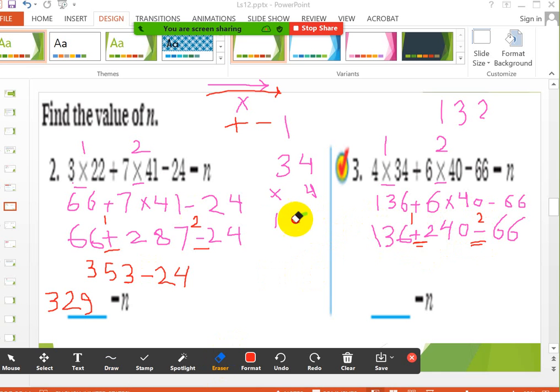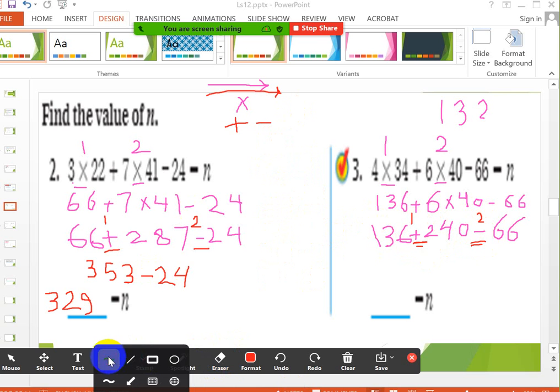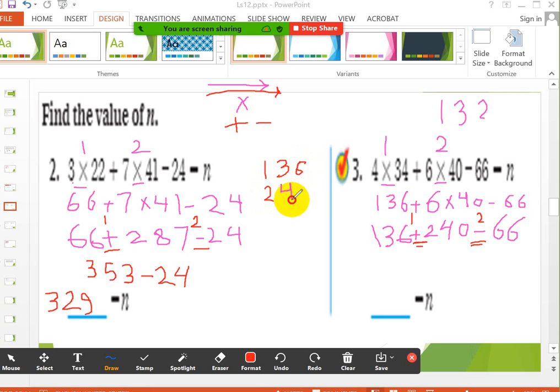I want to add the numbers, which is here 136 plus 240. Let's add the numbers. 6 plus 0 equals 6. 3 plus 4 equals 7. You can do it on your fingers, please.